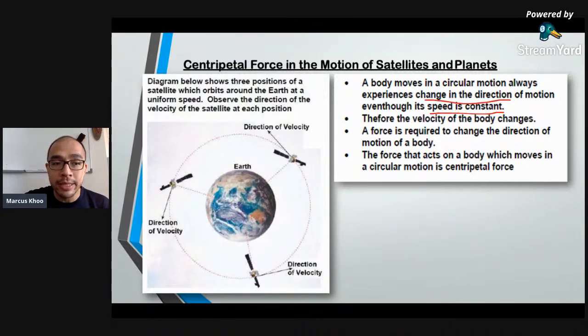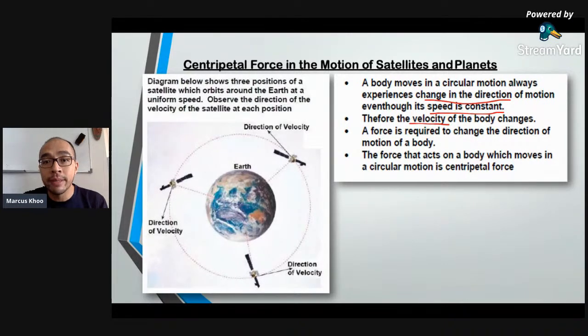The speed may be the same, because speed is a scalar quantity. But there is a change in direction because it's traveling around, so it is not traveling in a linear direction. Any circular motion is always a change in direction. You change 1 degree angle, you have already changed direction. So a change in direction, even though the speed is constant, is also known as a change in velocity.